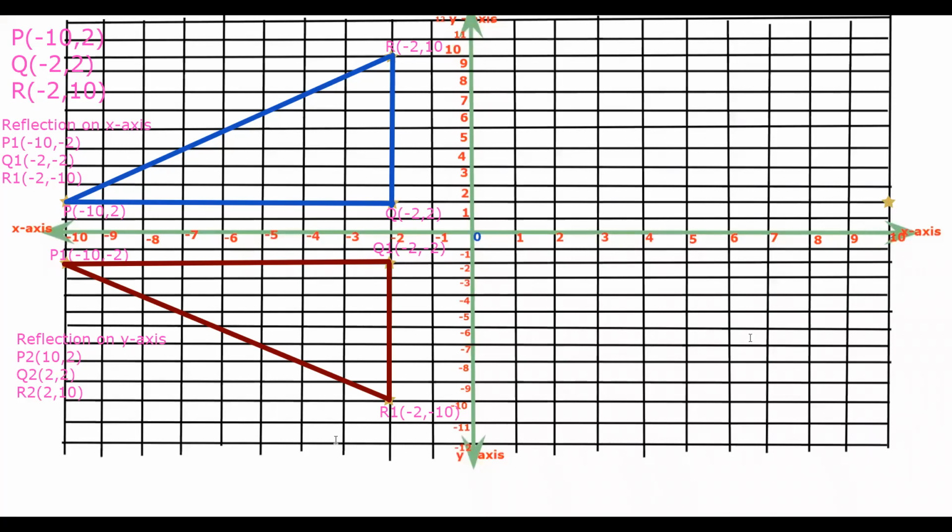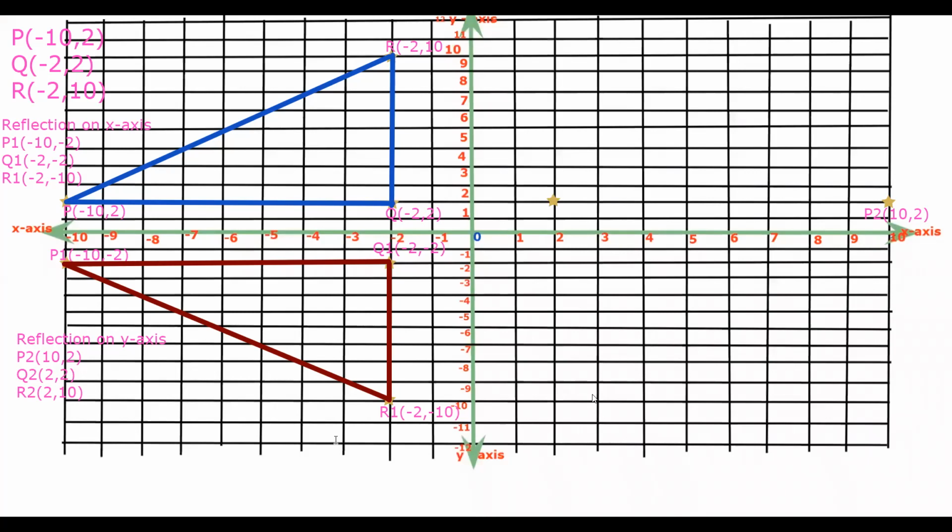Then right here will be P2, formed by positive 10 and 2. Okay, so that is P2. Then Q2 is positive 2 and 2. So the x first and 2 here.